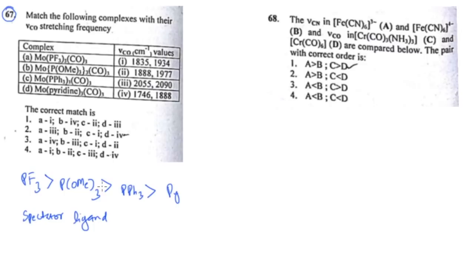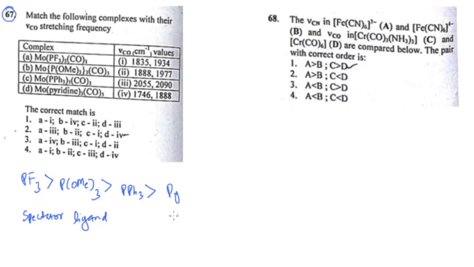In PF3, the electron density from the metal in the complex will be reduced. In that case the electron density on the metal decreases, and as it decreases, the metal carbon bond strength decreases and the carbonyl bond strength increases.